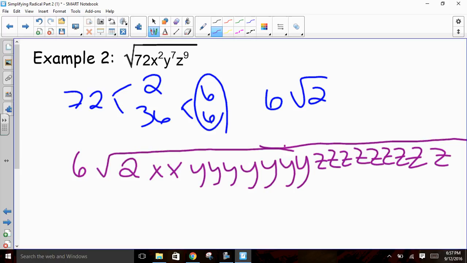If I do not lengthen that line, then I forget it's there, and then I assume all those z's are just being multiplied together on the outside. So again, I'm looking at the square root, so I'm in groups of 2's. I'm going to circle as many groups of 2's as I can.